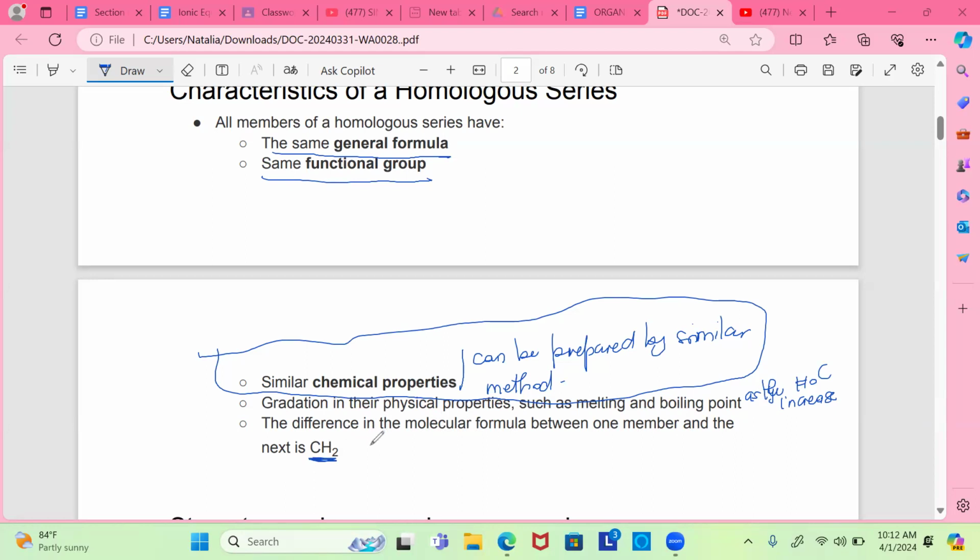So as we move from one member of the homologous series to the very next member, the molecular formula differs by CH2. So here I have 5 properties of the homologous series, right? You are required to memorize 4 of them. And remember, similar chemical property is the same as can be prepared by similar methods. Clear?